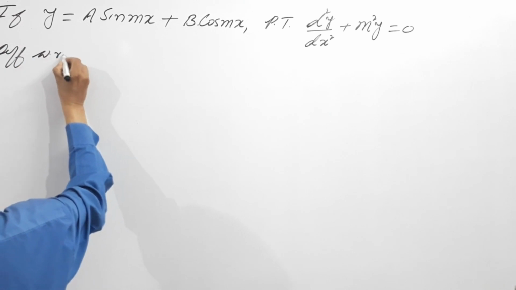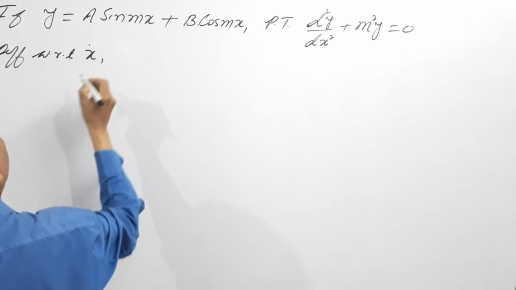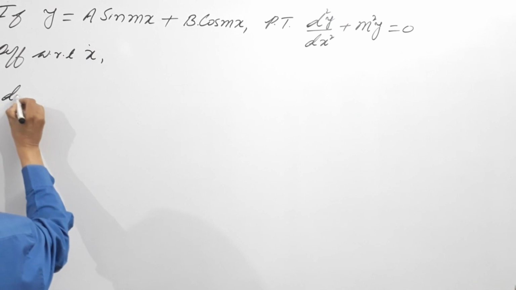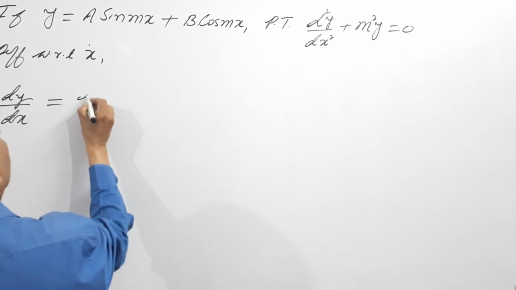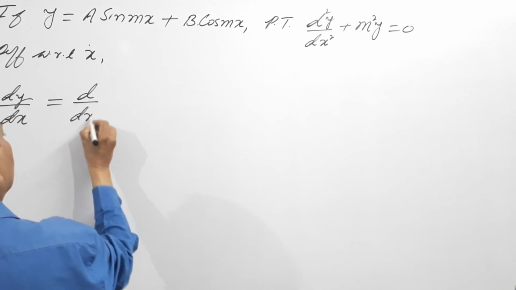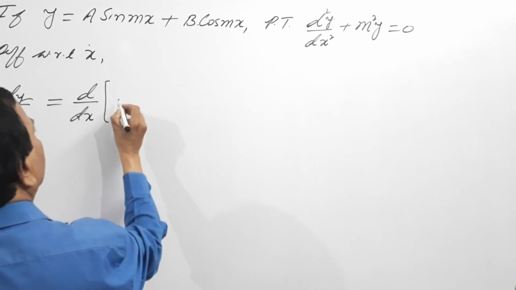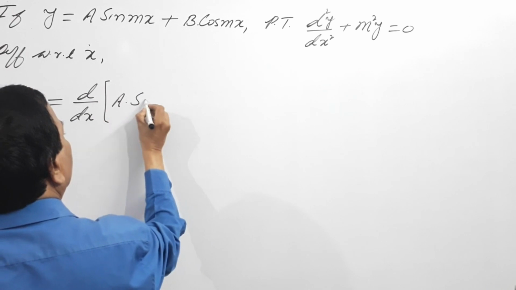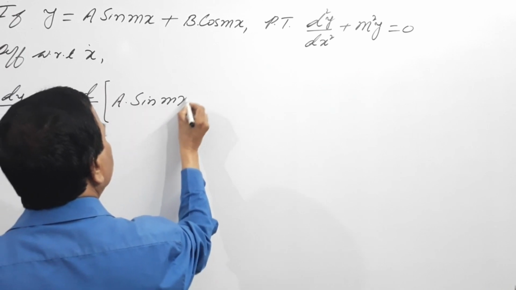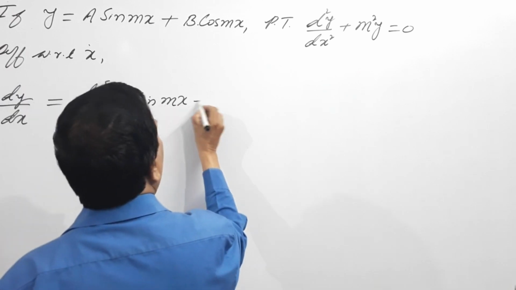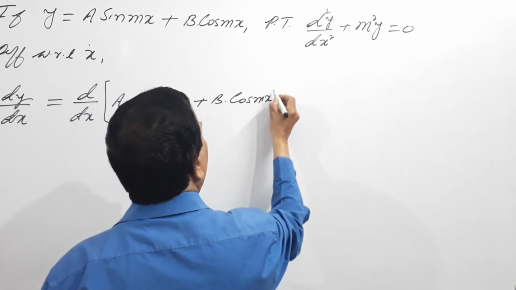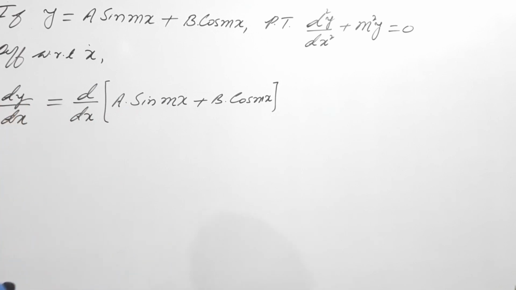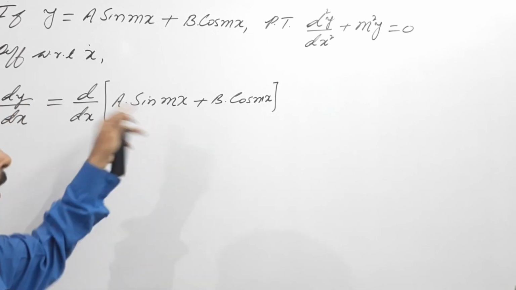Differentiating with respect to x, that is dy by dx equals d by dx of a sin mx plus b cos mx. This is nothing but a sum rule, so I will split it.